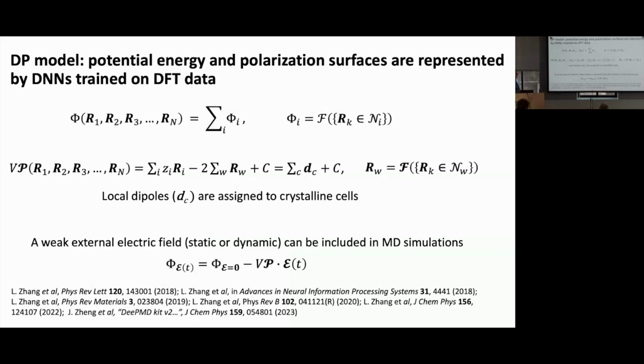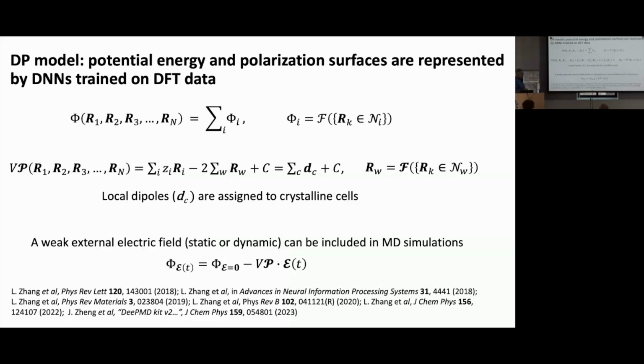be rather accurate. And in addition to that, we can also represent the polarization surface. So what is the dependence of this quantity P, which is a vector quantity, while this is a scalar quantity, on the atomic coordinates.